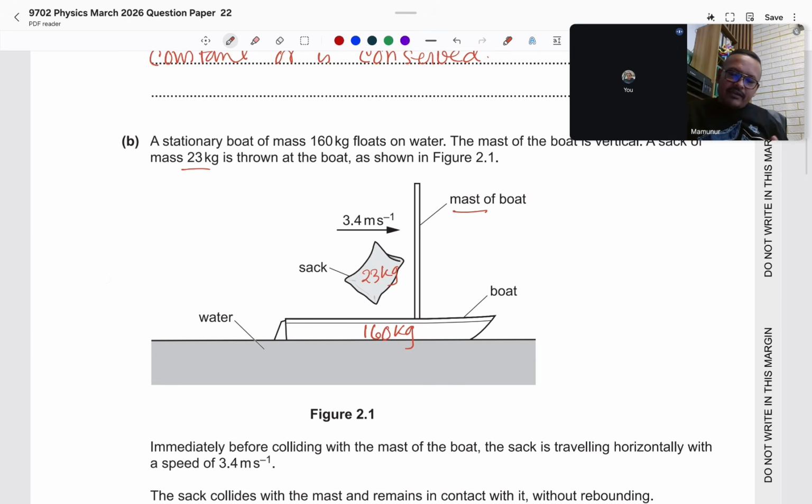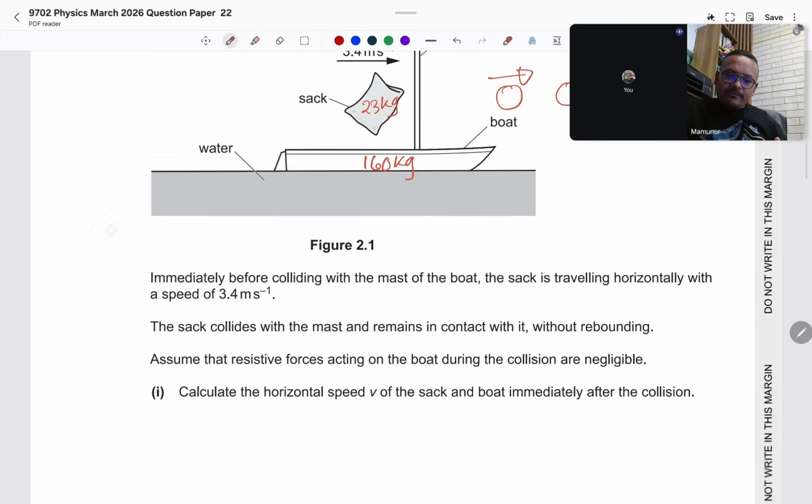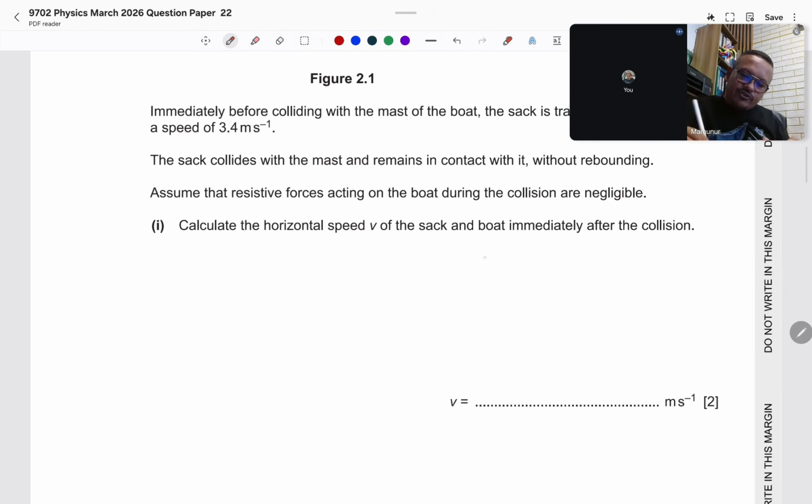So what is happening here? The boat is at rest, the sack is coming towards it. After the collision, they combine, and this is the final momentum. Suppose this is the sack, this is the boat at rest, and after collision they stick together and form one object.